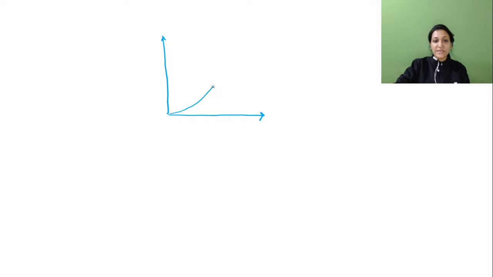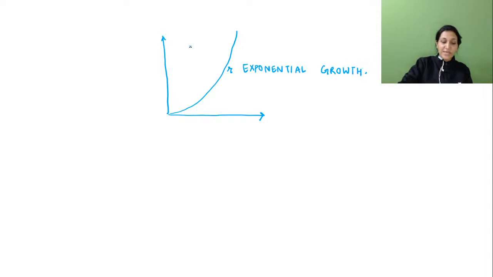So this is the exponential graph, and this exponential graph is for R, exponential growth, we'll say. And on the y-axis, what are we taking? We are taking number of individuals.